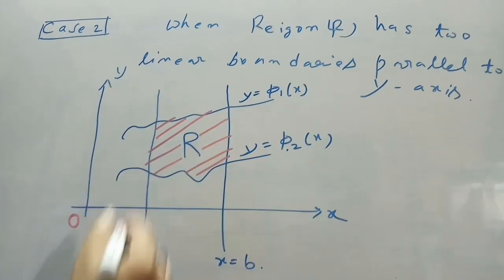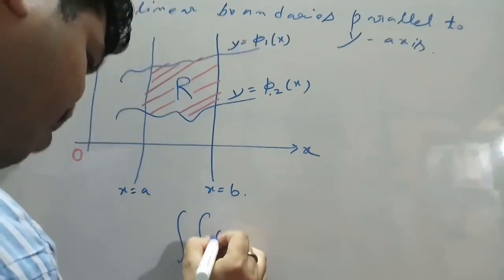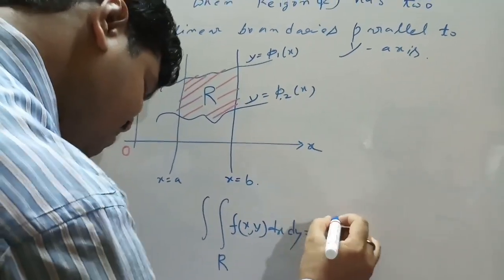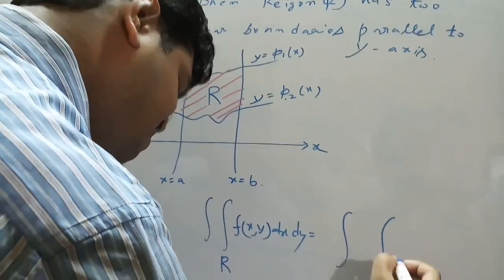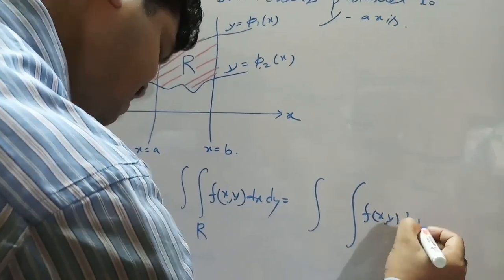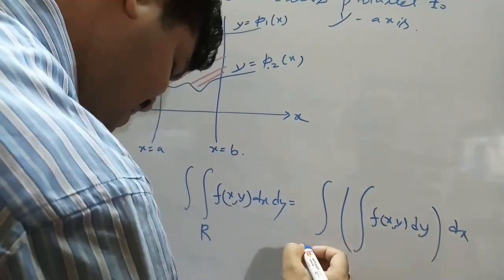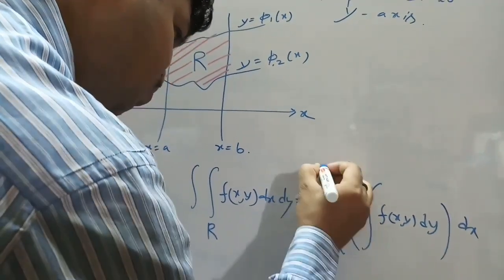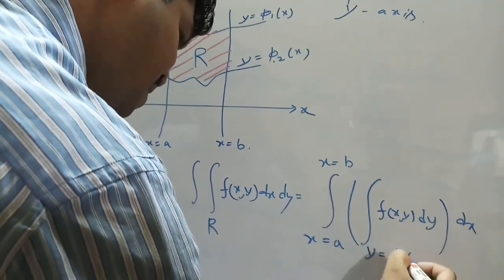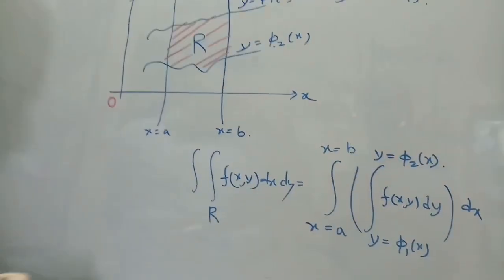On this region the double integral of f of x y dx dy will be equal to the integral from x equal to a to x equal to b, and y equal to phi 1 of x to phi 2 of x, of f of x y dy dx.